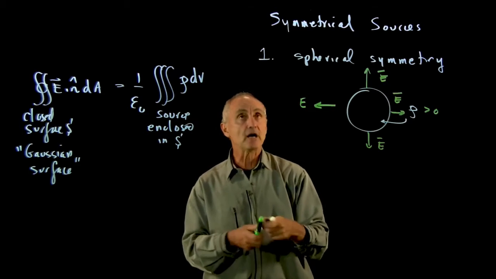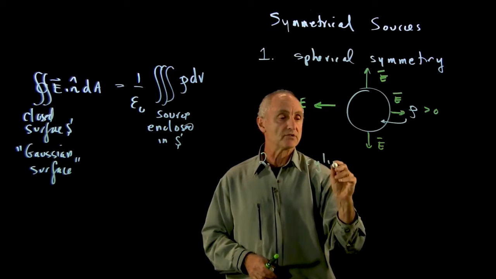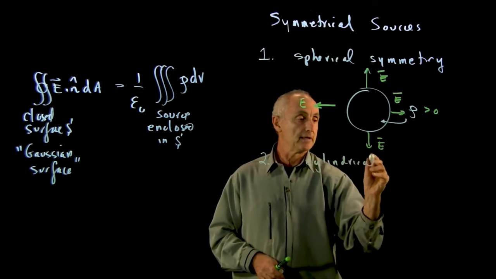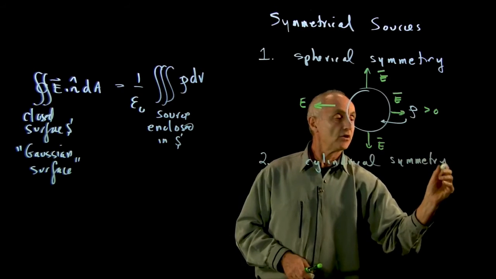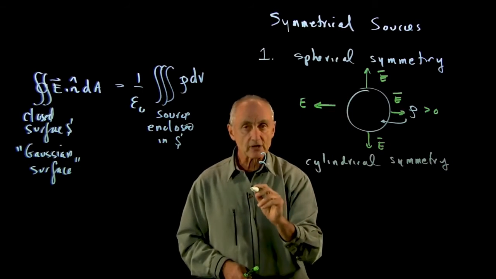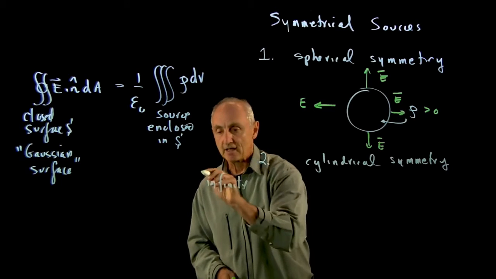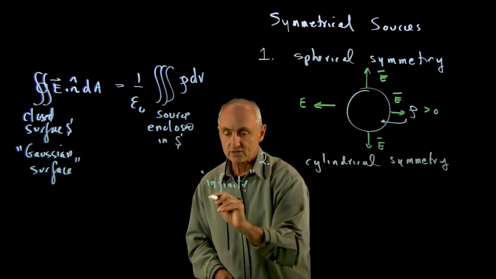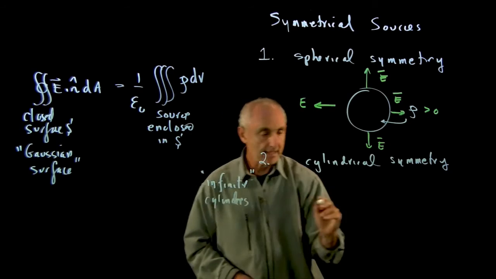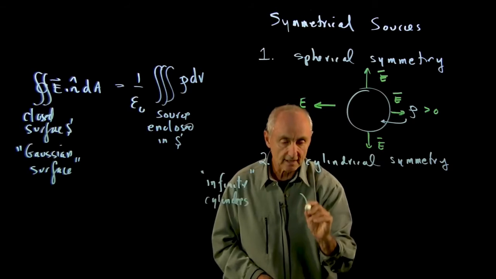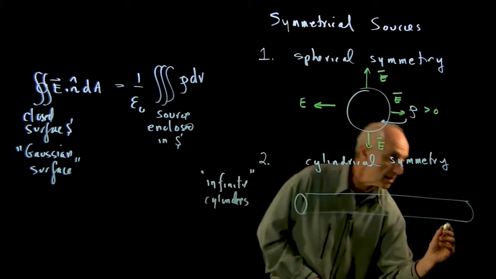Now, the second type of source is something that we refer to as cylindrical symmetry. And here, we're actually going to look at infinite cylinders. So I'll just draw that schematically as our source.